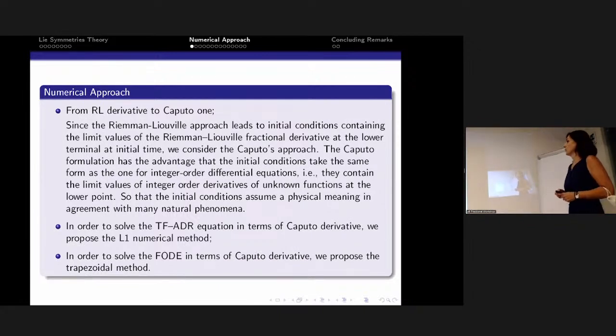It's well known that the Caputo formulation has the advantage that the initial conditions take the same form as the initial conditions of the partial differential equation of integer order, and in this way we obtain initial conditions that assume a physical meaning in agreement with many natural phenomena. Then we can rewrite the new fractional differential equation in terms of the Caputo derivatives.